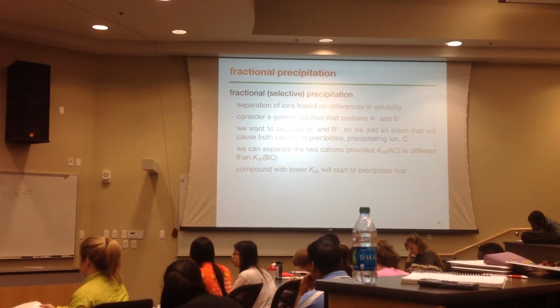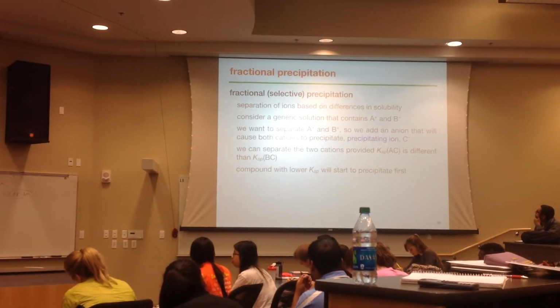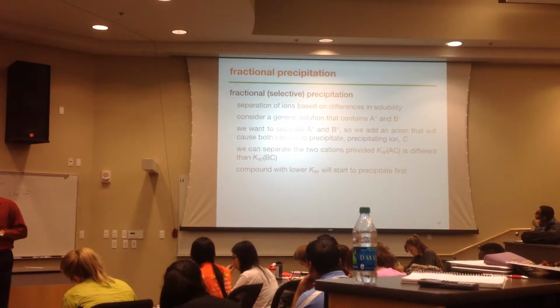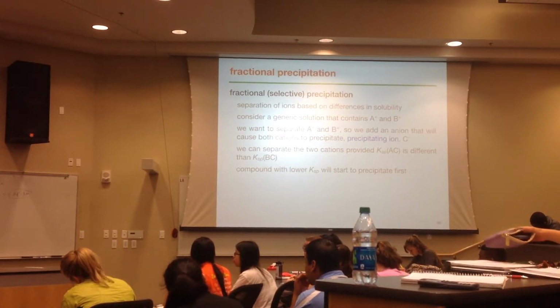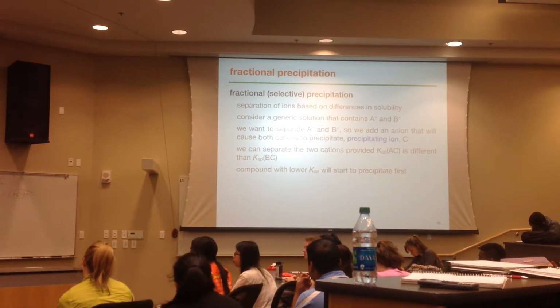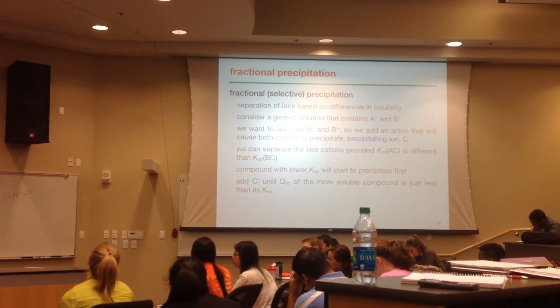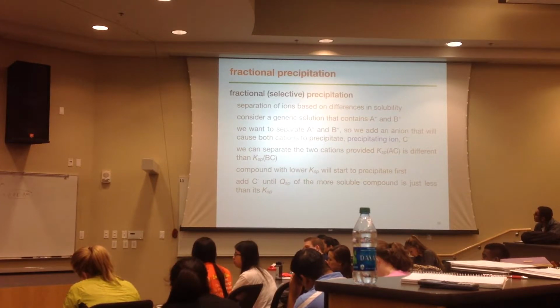All right. So the compound that has the lower KSP will start to precipitate first, because the smaller the value of KSP, the more it favors reactants. The reactant is the solid, always for KSP. Right? So whichever one has a smaller value of KSP will precipitate first. Okay? I'm going to add my precipitating ion until Q of the more soluble compound is just less than its KSP.